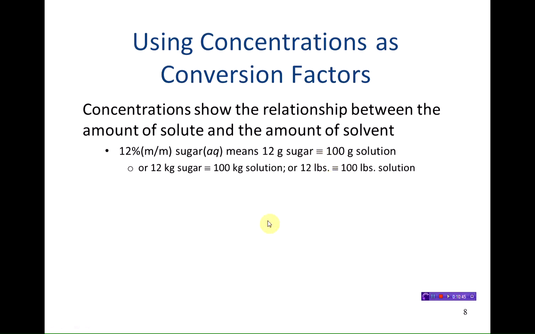So it's similar to the equal sign, but it has a little bit more meaning. Or another way to look at this is 12 kilograms of sugar in 100 kilograms of solution, or 12 pounds in 100 pounds of solution. So you can use various units of mass as long as you still have that same ratio.